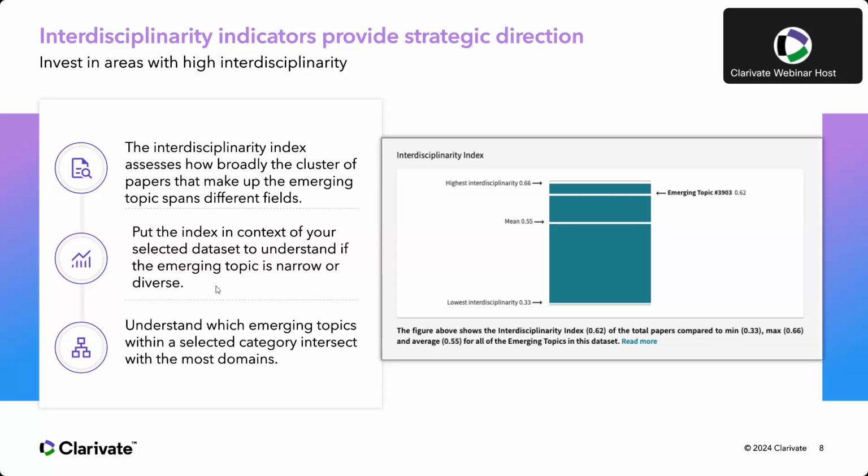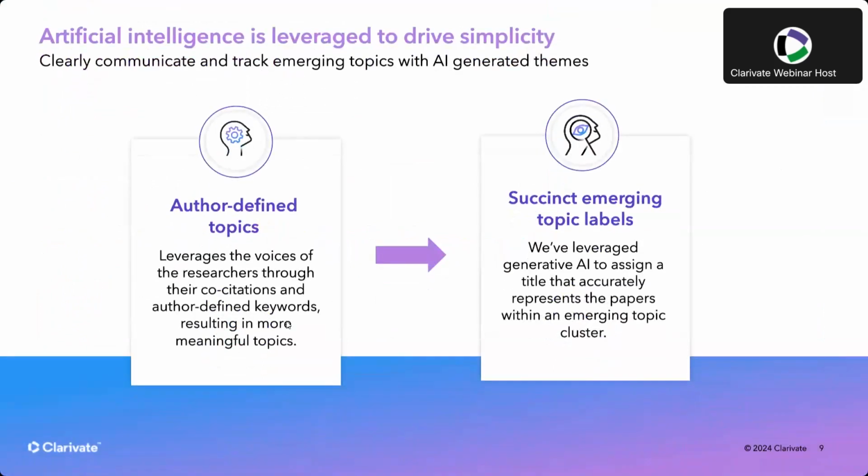As I mentioned, the third key feature is the use of artificial intelligence, and the goal of using AI here is really to make things more simple. Of course, we use citation and co-citation data to define those topics, which are defined at the author level by using the keywords.